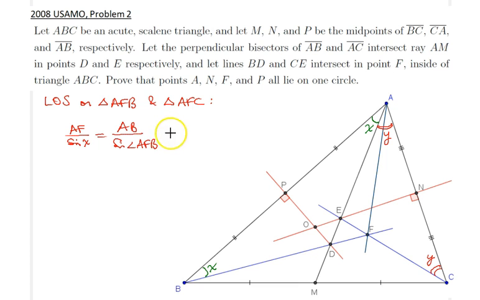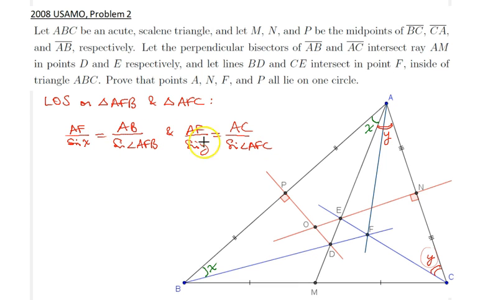From the other one we get AF, again this distance, opposite of this angle up here, sine Y is equal to AC over sine angle AFC, since AC is opposite angle AFC.